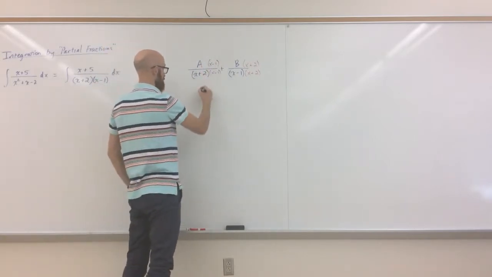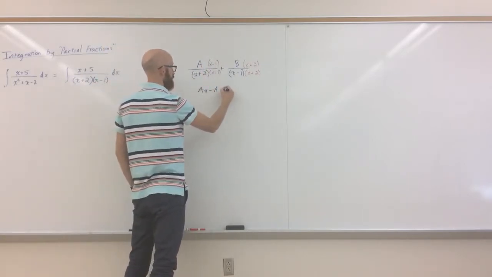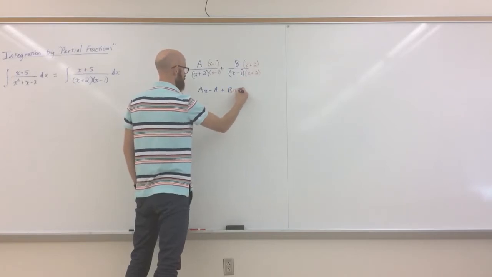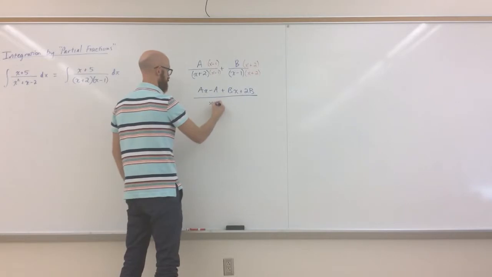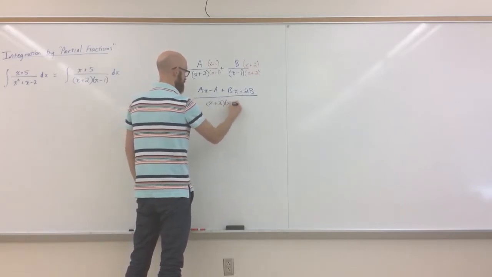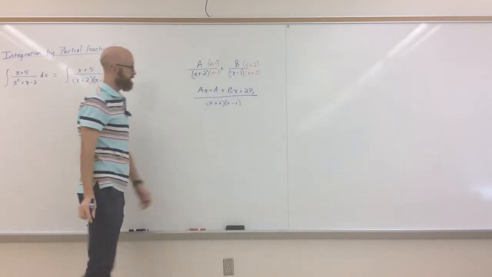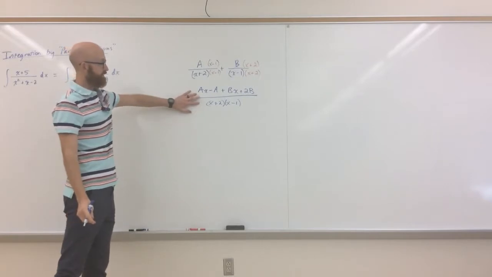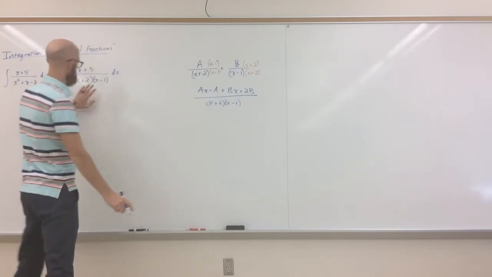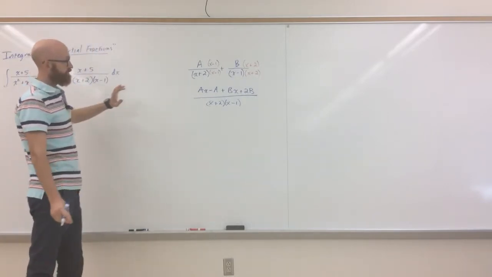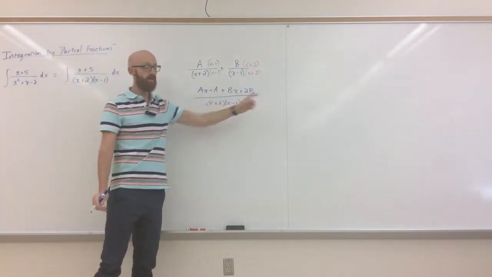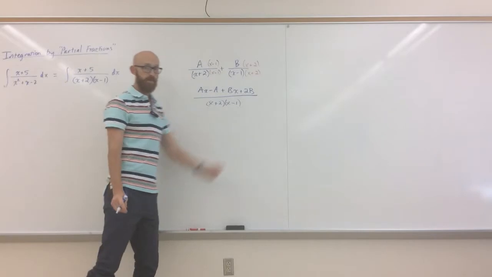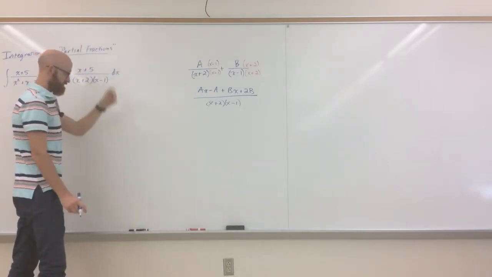So that'll become ax minus a plus bx plus 2b, all of that over x plus 2 times x minus 1. Hopefully you agree that this fraction has the same denominator as the original fraction. The claim is that we can find some very special a and b values where the numerator will actually be x plus 5.